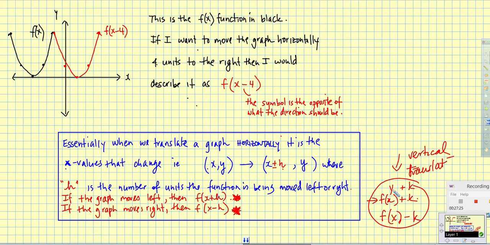So it's my y values moved up k units, or my y values moved down k units. The h, the amount of units that we're moving our graph horizontally, is going to be inside the parentheses, and it won't be on the outside of the f of x, but within the f of x, which is referring to the x values.